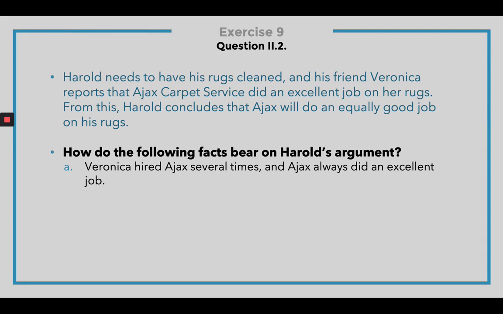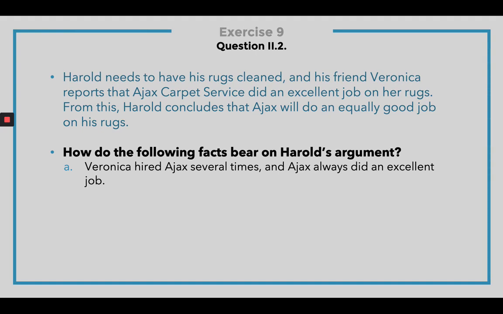Here's one fact. Veronica hired Ajax several times, and Ajax always did an excellent job. Well, if we know that she hired Ajax several times, then we know that there are more primary analogs, right? There is a greater evidence base. Ajax always did an excellent job. Well, then that's good, right? That's going to make Harold's argument stronger.